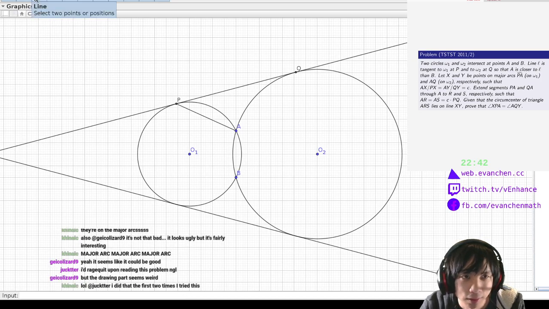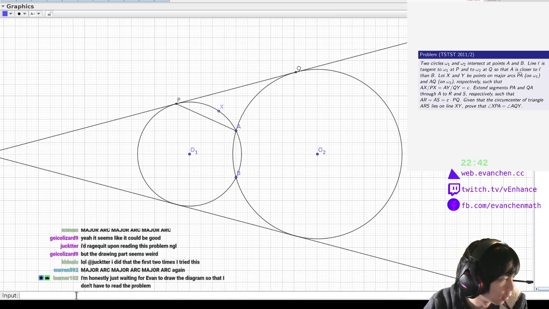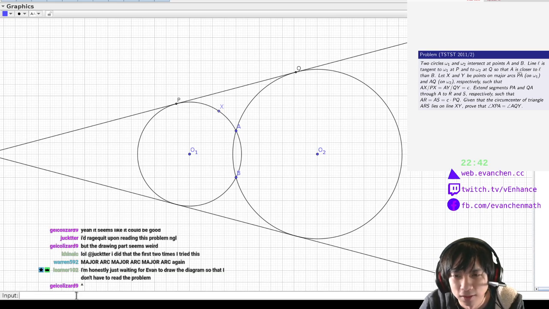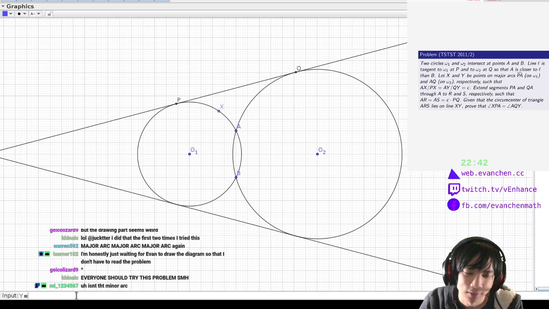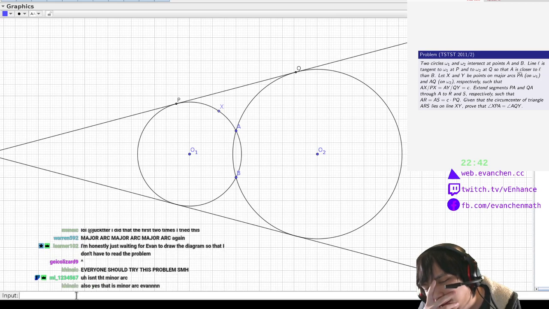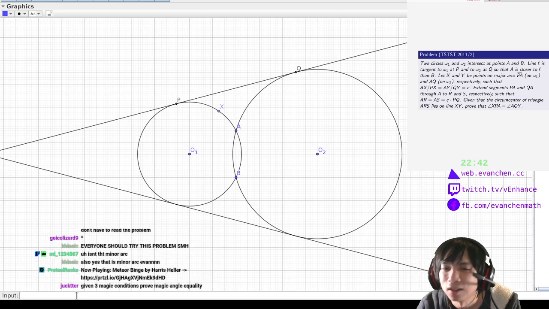Okay, that's a lot worse. AX over PX. Okay, how do I construct Y? Jeez. It's law of sines.